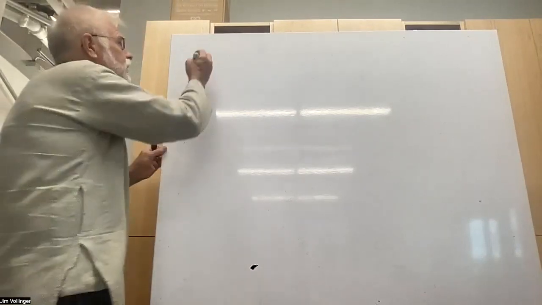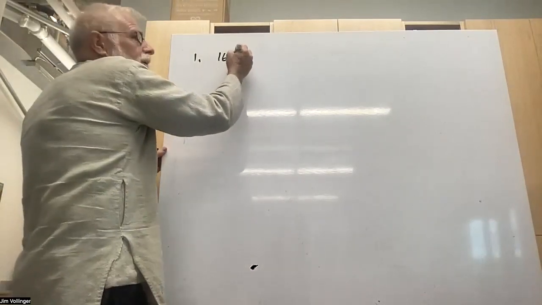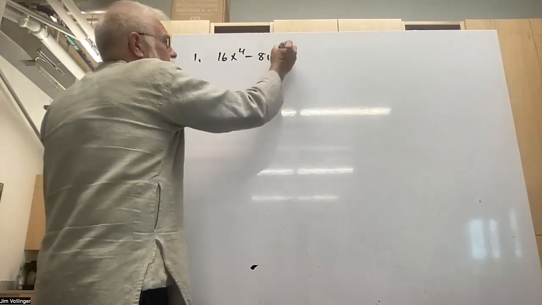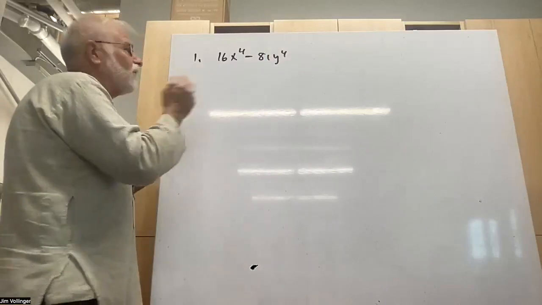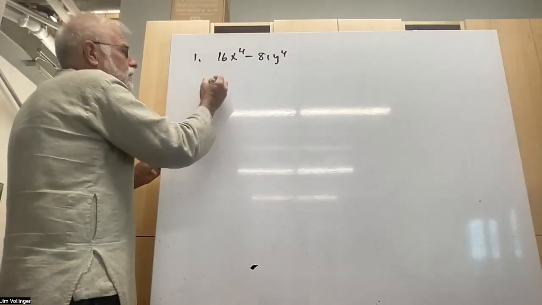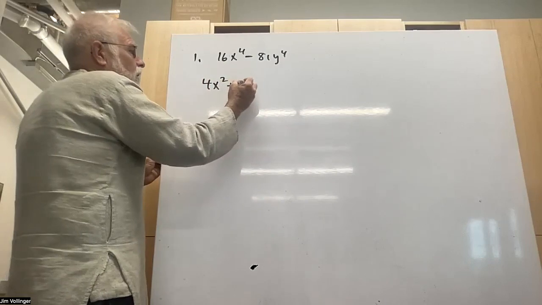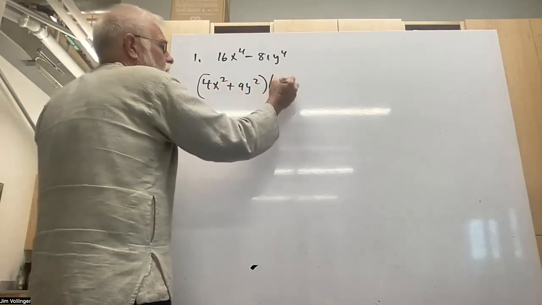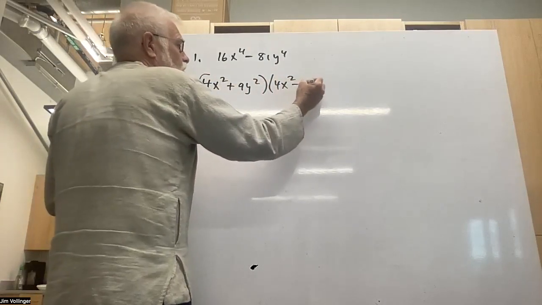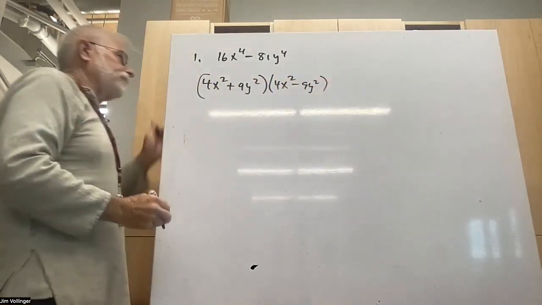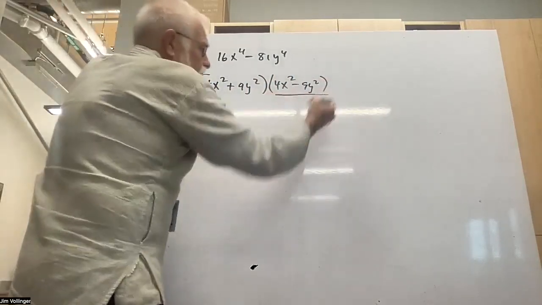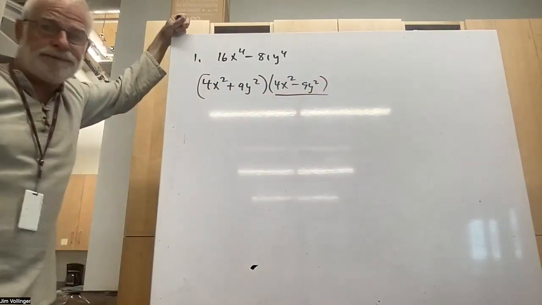All right, so 16, number 1, write this subtraction statement as a product. Okay, and I'm hoping that folks saw the difference of 2 squares: 4x squared plus 9y squared times 4x squared minus 9y squared. But I expected you to be able to do that. The question is, did you spot another difference of 2 squares?